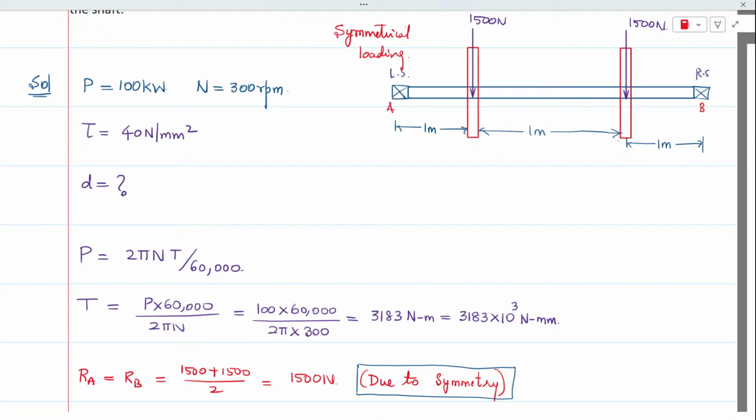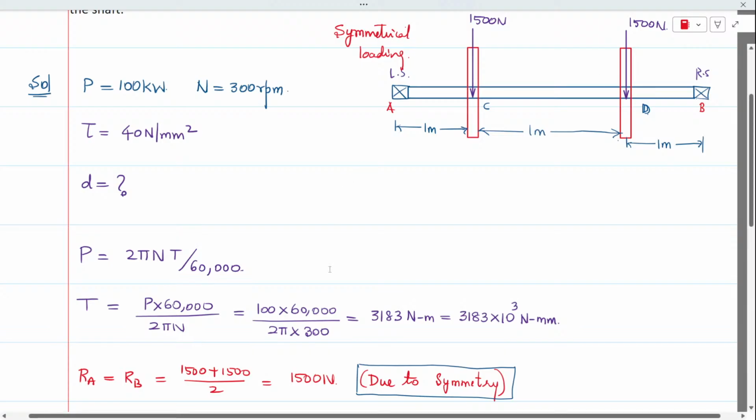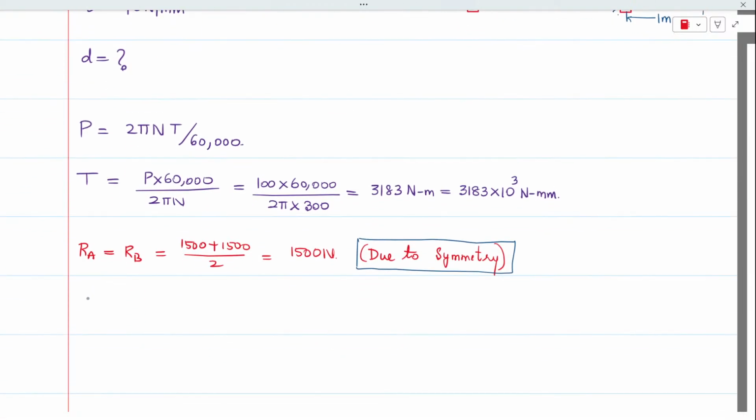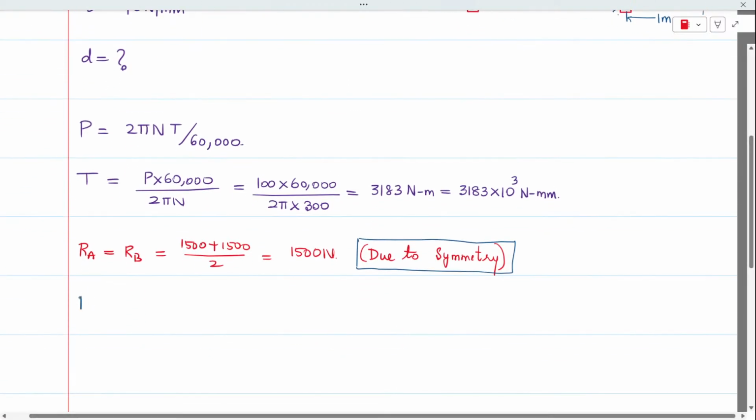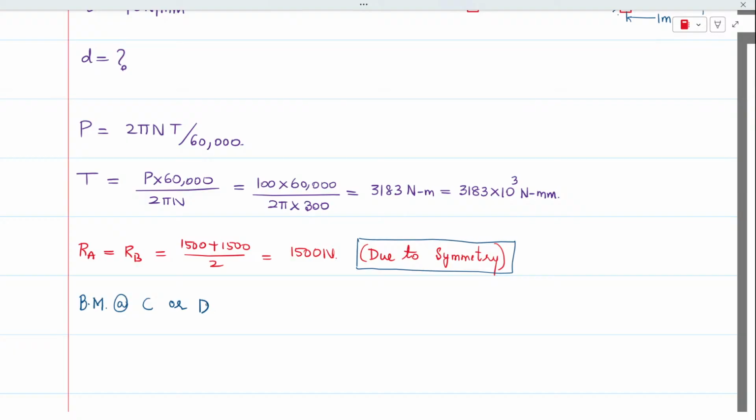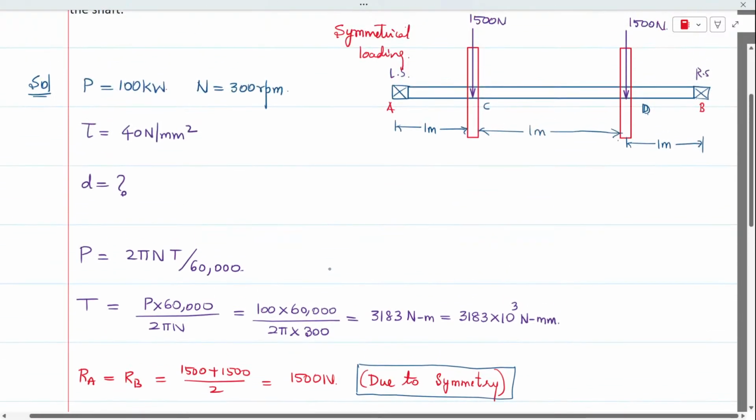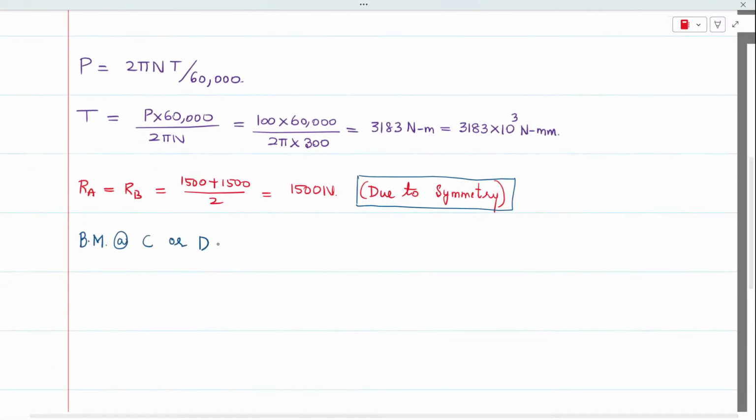Now bending moment at A will be 0, but at this location C and D, it will be maximum. And the bending moment is going to be constant also. So bending moment at C or D, whatever the point you consider, it is same because of symmetry once again.